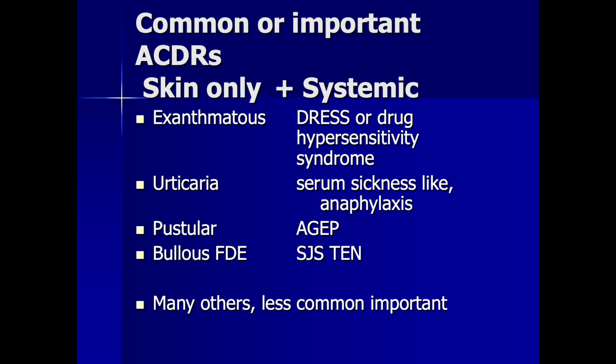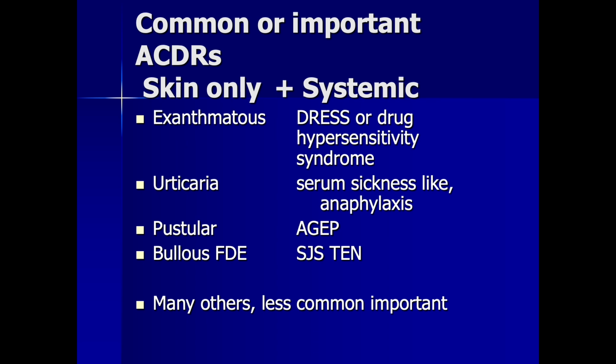And of course, acute urticaria may be complicated by angioedema, anaphylaxis, manifest as wheeze and hypotension, collapse, and even death. We can see localized cutaneous-only pustular eruptions, but of course we can see systemic symptoms occasionally with these in acute generalized exanthematous pustulosis. More about this later.